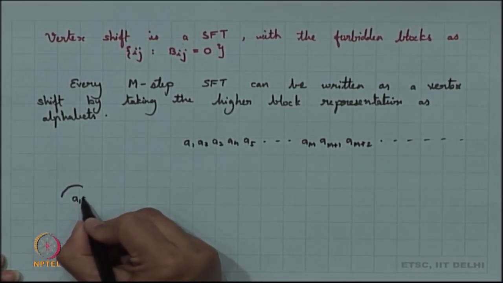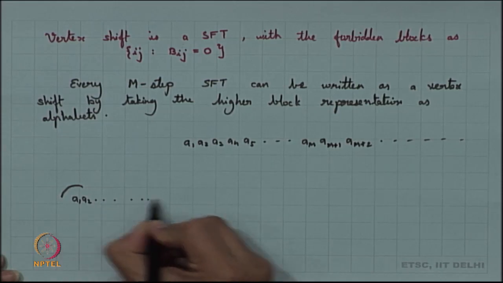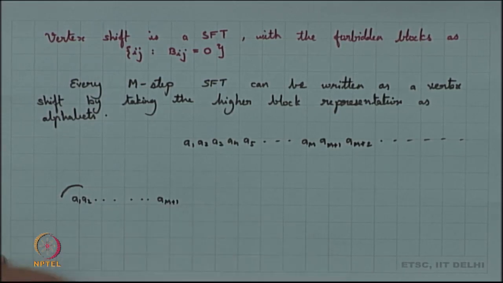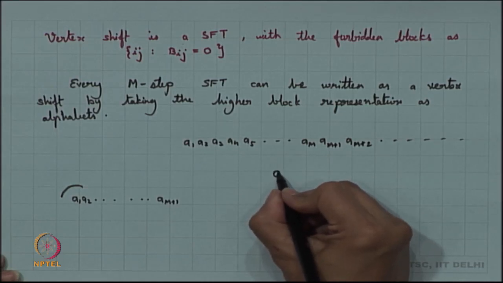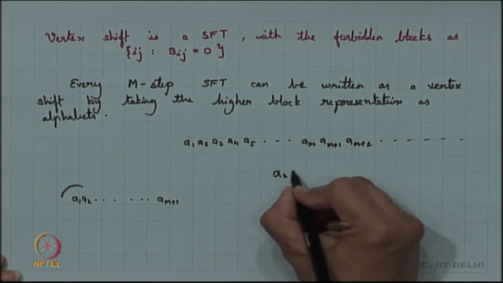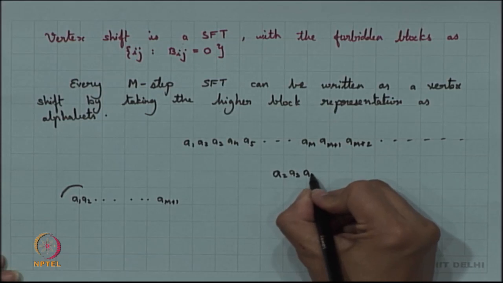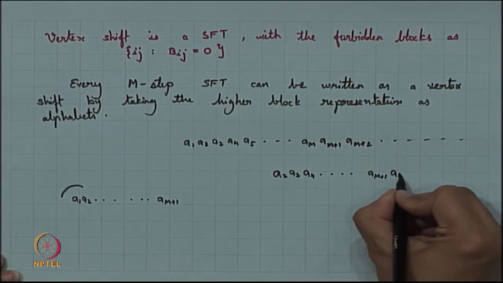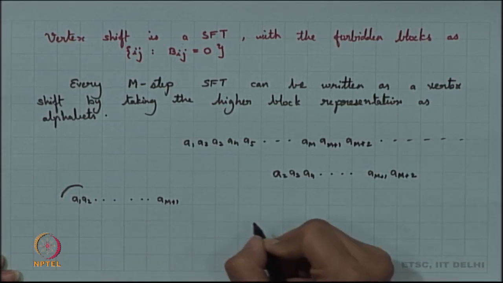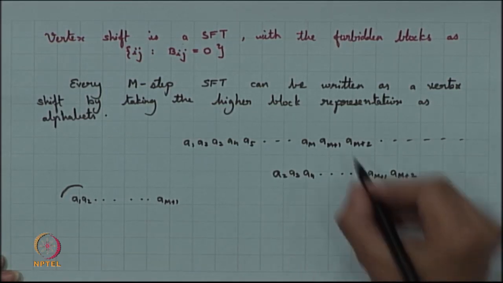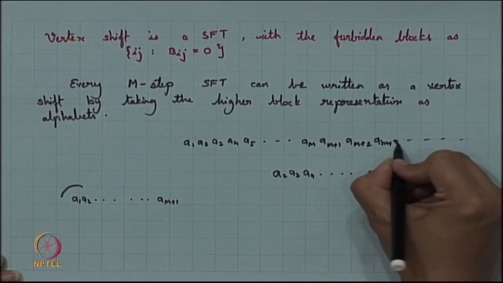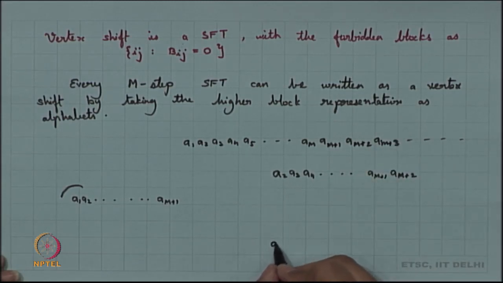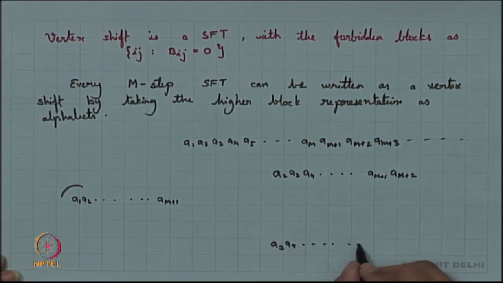I call this vertex A1, A2 up to A_{m+1}. I take another vertex here, A2, A3, up to A_{m+2}, and then I can take a third vertex here, A3, A4, and so on. So, I am looking at all m plus 1 blocks here.